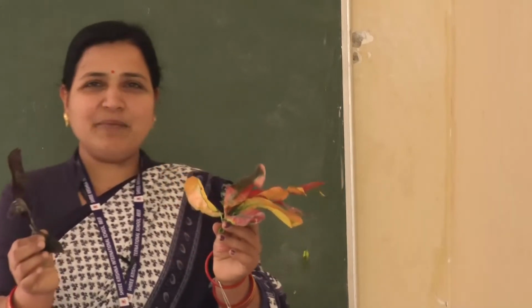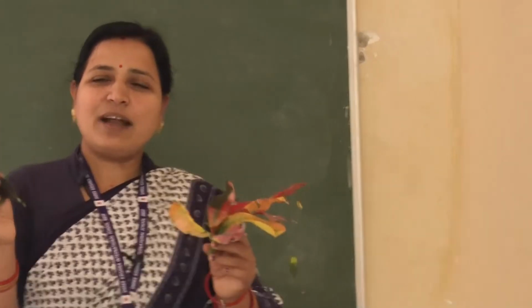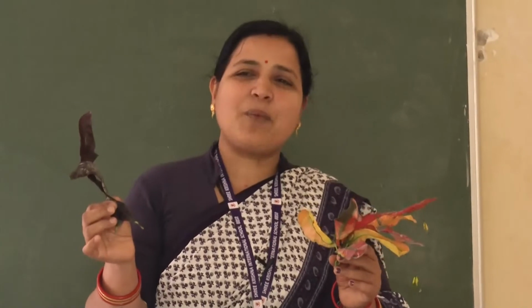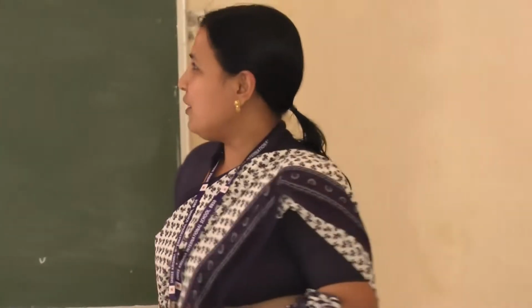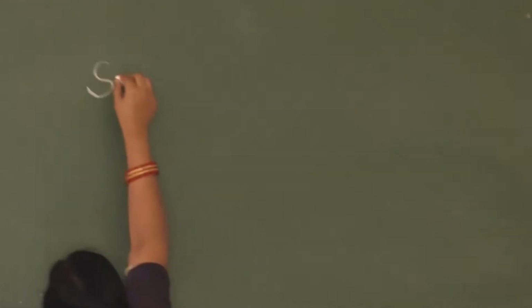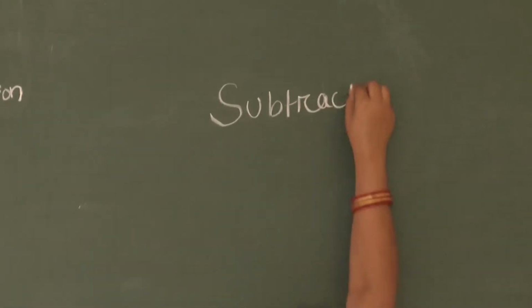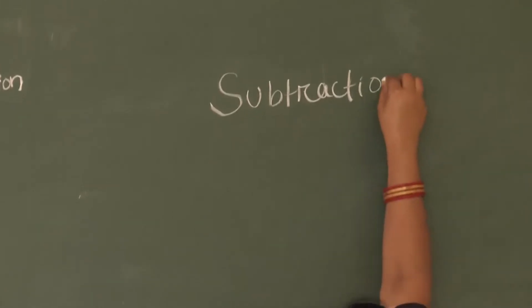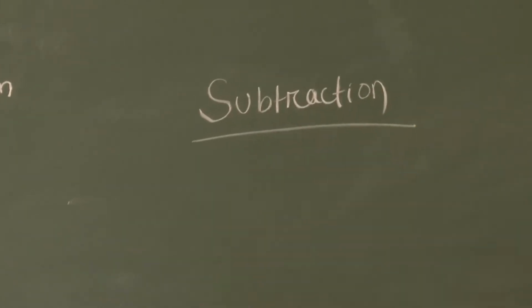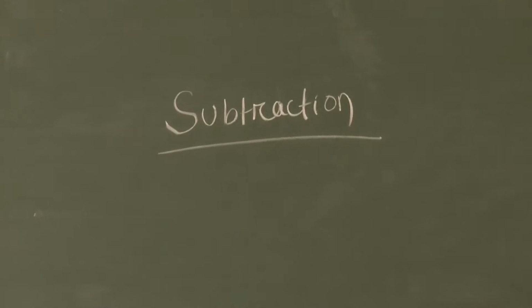So taking means, what you say? Taking means subtraction. So now I will teach to you subtraction. You already know subtraction. Yes or no? So the chapter subtraction today I will teach to you.